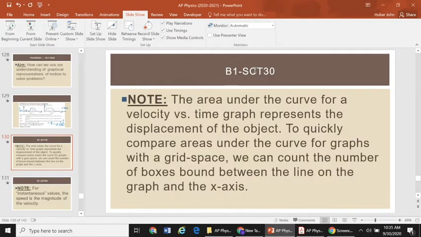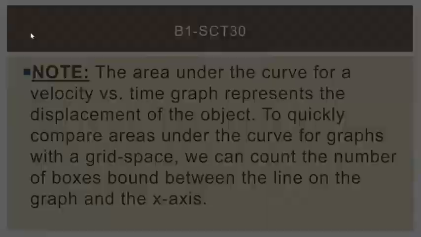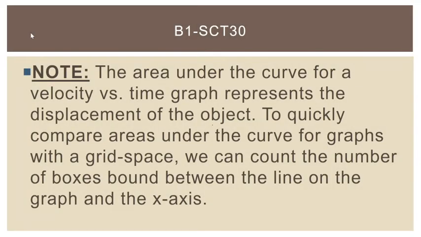Notice this pertains to that question B1 SCT 30. The area under the curve for a velocity versus time graph represents the displacement of the object. To quickly compare areas under the curve for graphs with a grid space, we can count the number of boxes bound between the line on the graph and the x-axis.